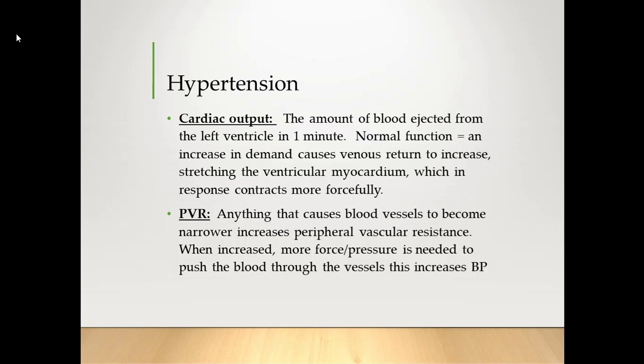Hypertension is basically an increased cardiac output. The amount of blood that is ejected from the left ventricle in 1 minute is what cardiac output is. When you have high blood pressure, it is more than what is normal.